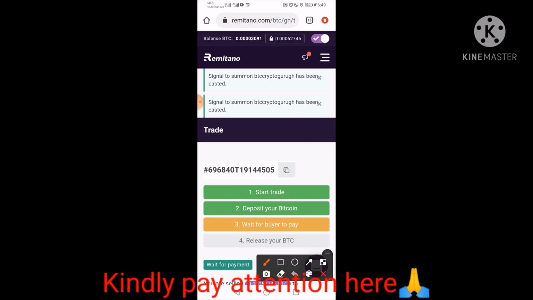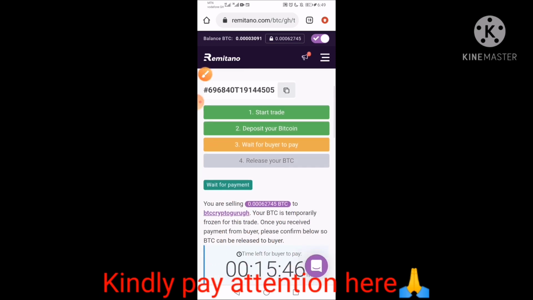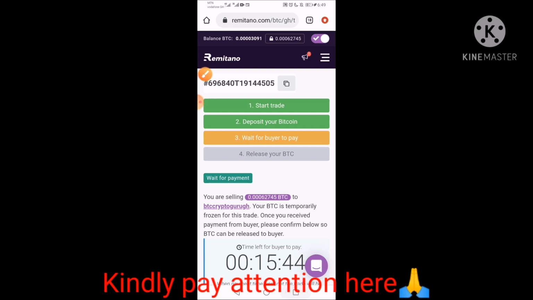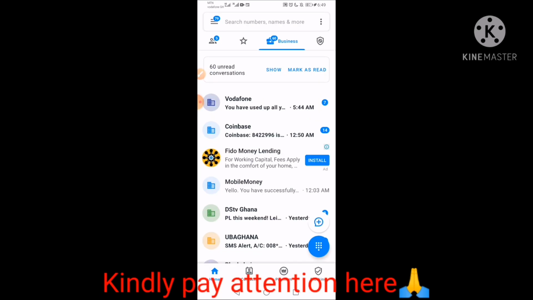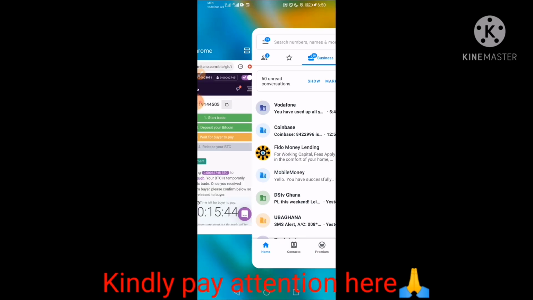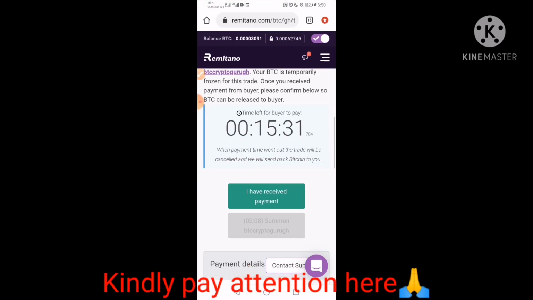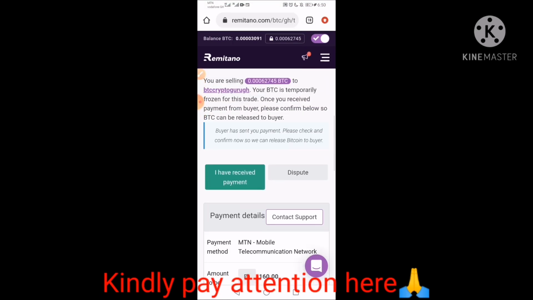So at the top, as you can see, signal to summon BTC Crypto Guru GH has been casted. So hopefully he should receive this signal and send me the money. If not, Remitano will just send back my Bitcoin as far as I don't click on I have received payment.